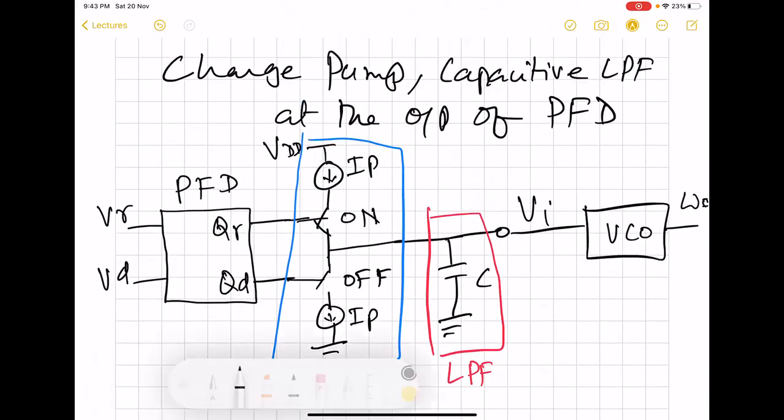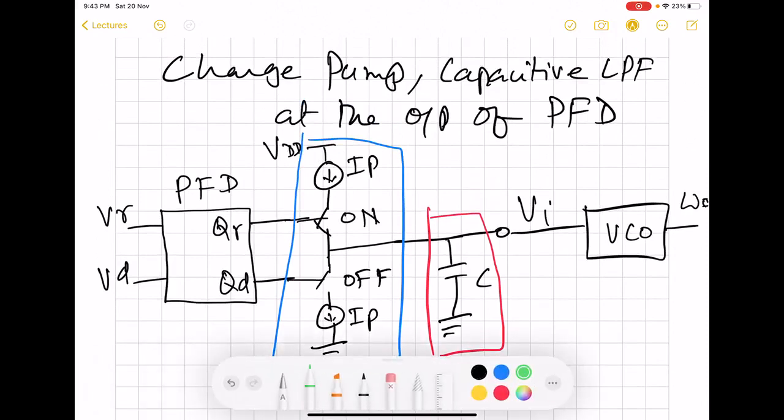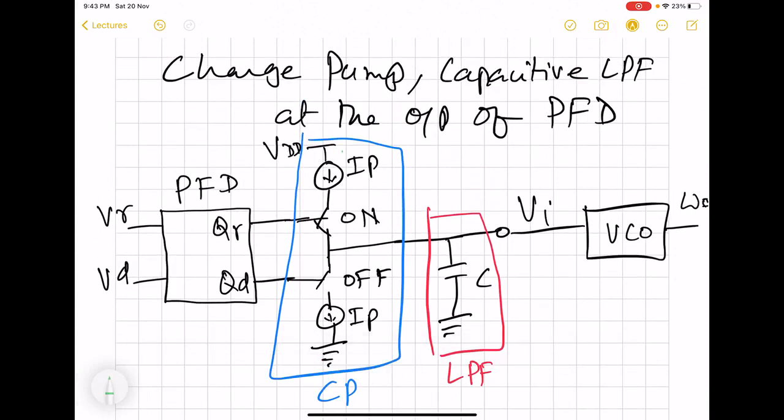There will be current from this pull-up source, and it will pump charge into this capacitor, and this voltage will go up. It will keep on increasing as long as QR is high.